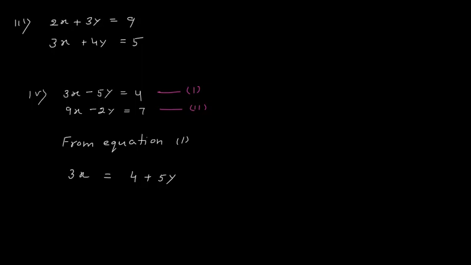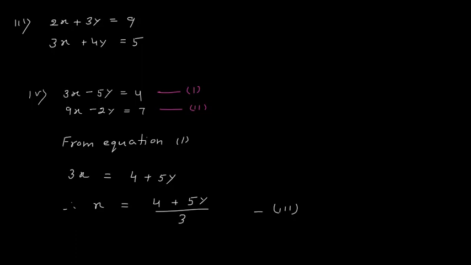So therefore we get the value of x as (4 plus 5y) whole divided by 3. This we will consider as equation 3. So it is not necessary that every time you will get one variable in terms of the other variable which does not include any rational terms. Here we have got x in a rational form. So x is equal to (4 plus 5y) divided by 3.